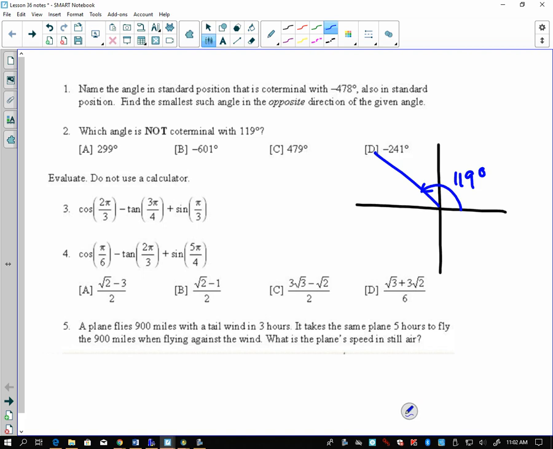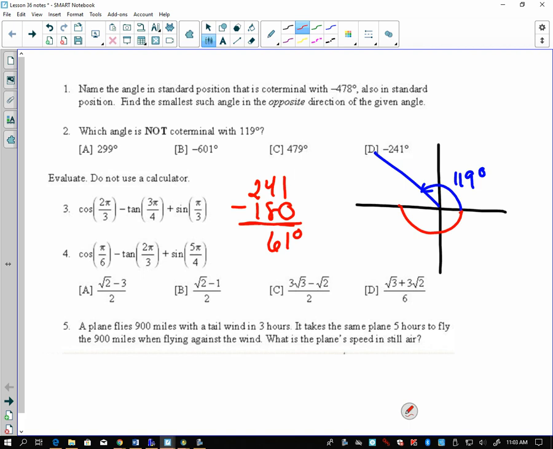Okay. So let's look at, I'm going to go probably from the smallest degree. Negative 241. Well, that would be negative 180, right? So I would do 241 minus 180, right, to find out how far past 180 I'm going. 61 degrees.